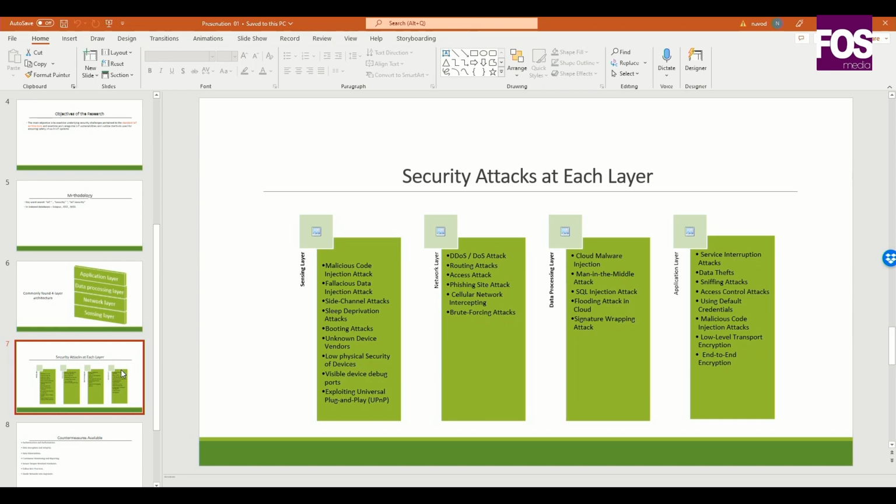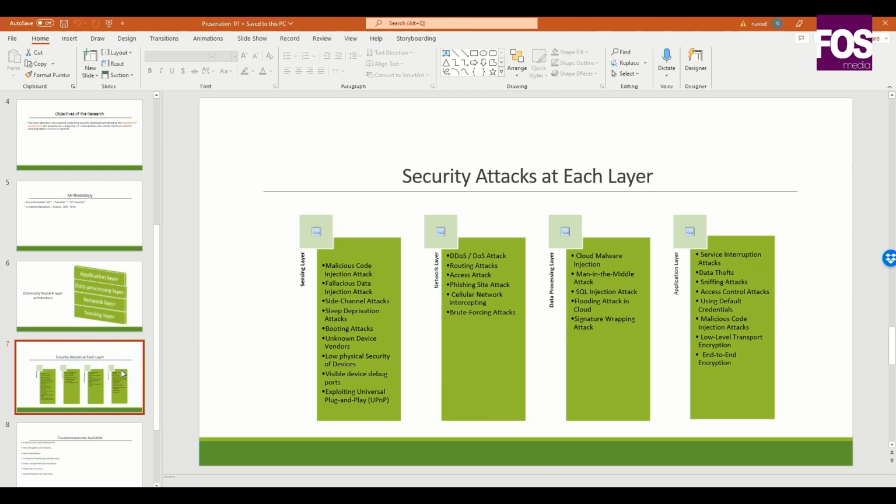At the network layer, they will either eavesdrop on the messages being transmitted and try to compromise them, or through the internet they will access the internal network and compromise the networking components.